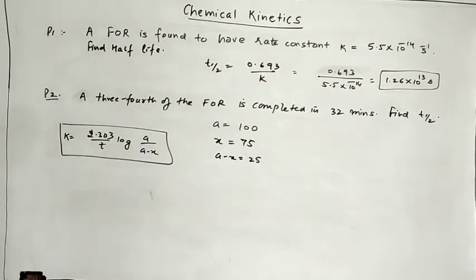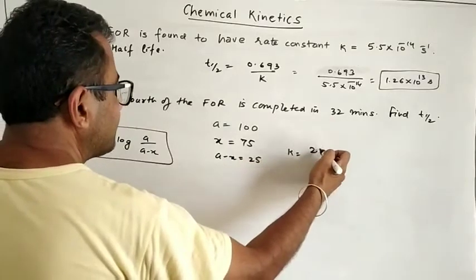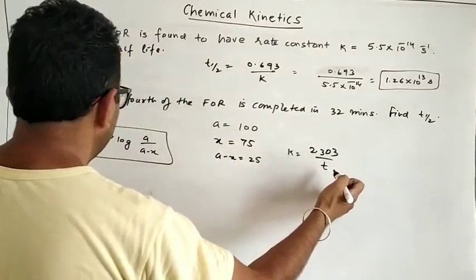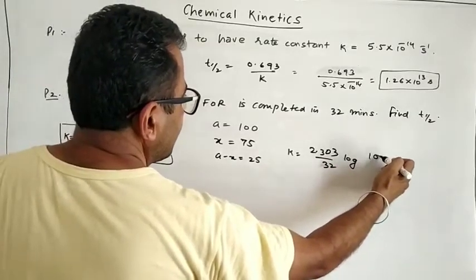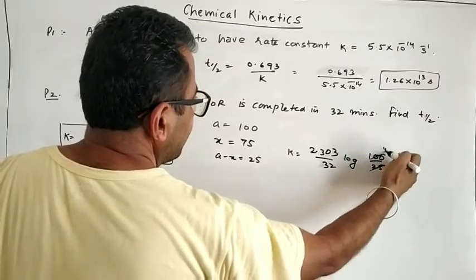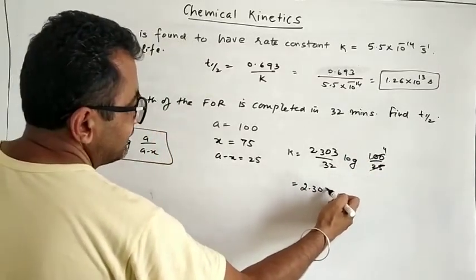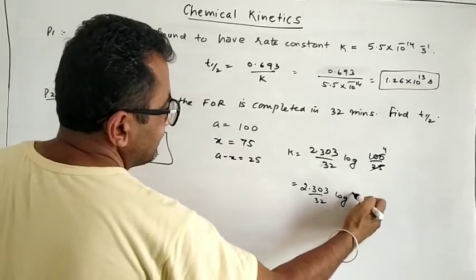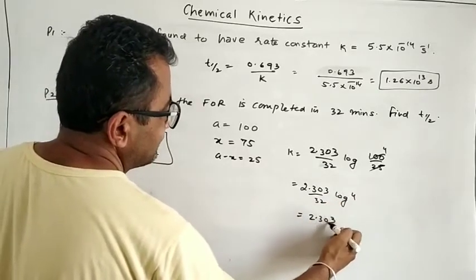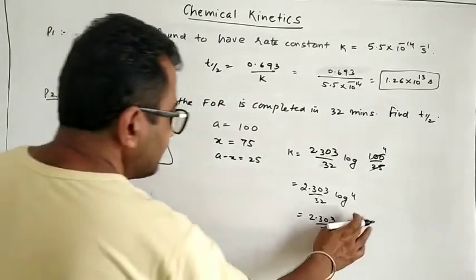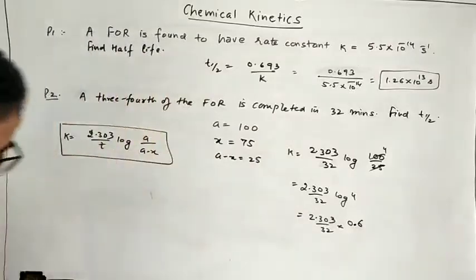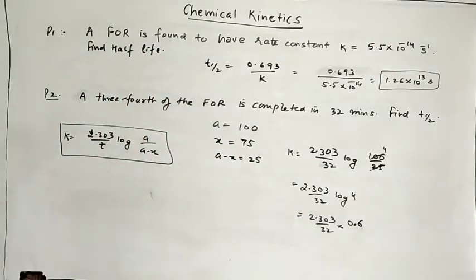So you can put the value in this equation to get K. What is K? It is 2.303 by T, where T is given as 32 minutes, log 100 by 25, which becomes 4. So 2.303 by 32 log 4, with log 4 being 0.6, and on calculating it becomes 0.043.